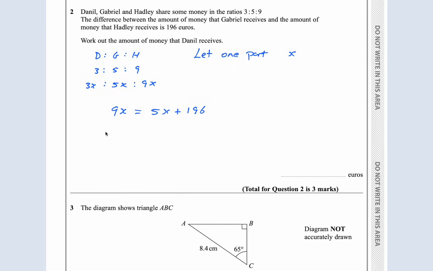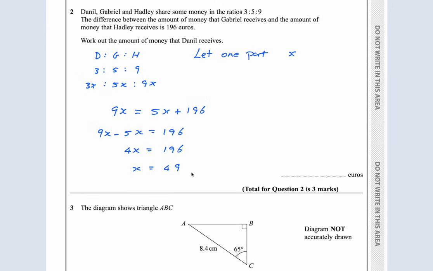So subtract 5x, 9x minus 5x is 4x, and then I just divide by 4. 196 divided by 4, I will do it in my head, guys. It is 49. Okay, so x is 49, and it says work out the amount of money that Daniel receives.